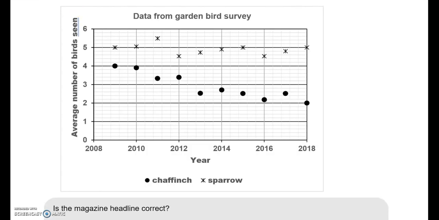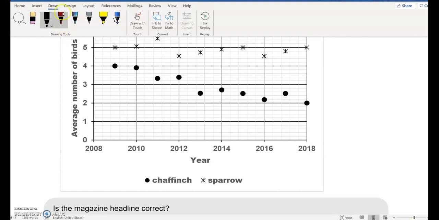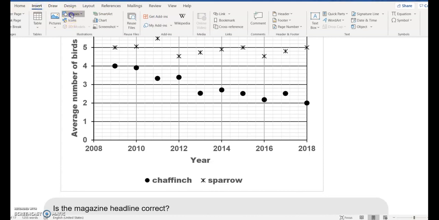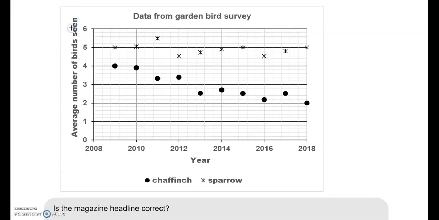We'll start by drawing the trend lines. This is just the line of best fit, basically. So we need the line to go through the dots, having an equal distance between the ones at the top and the ones at the bottom.